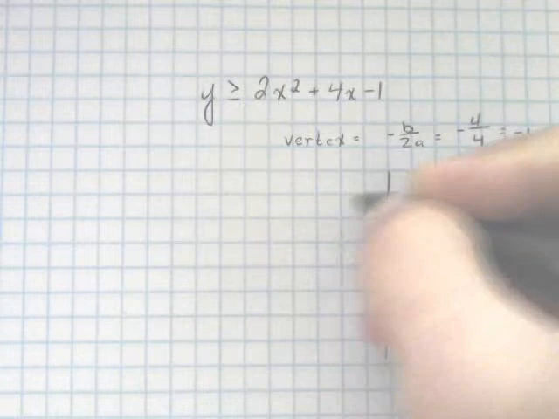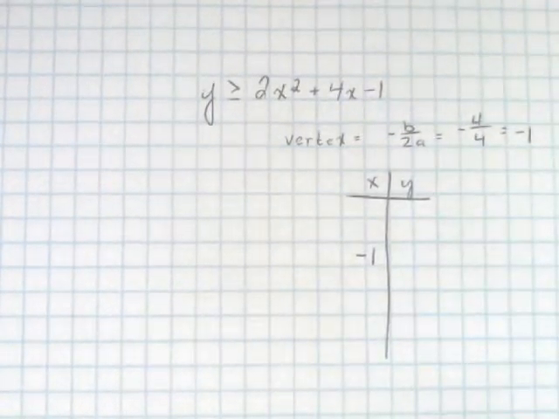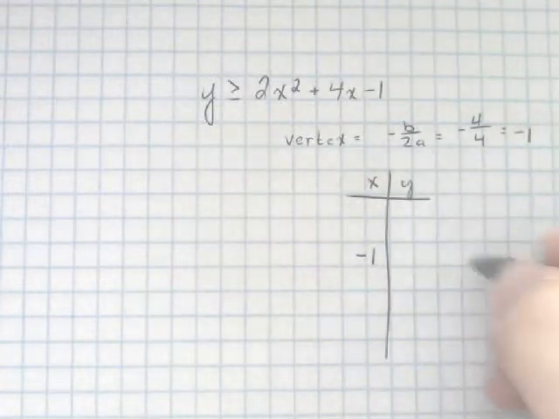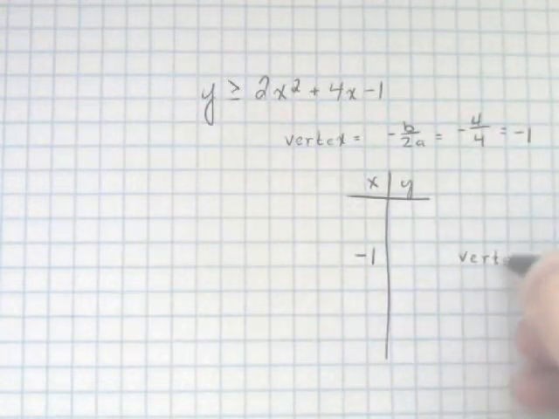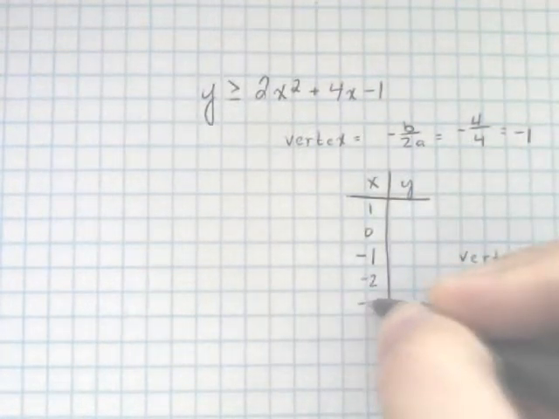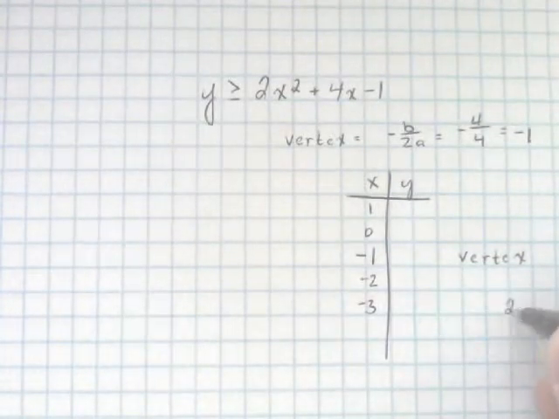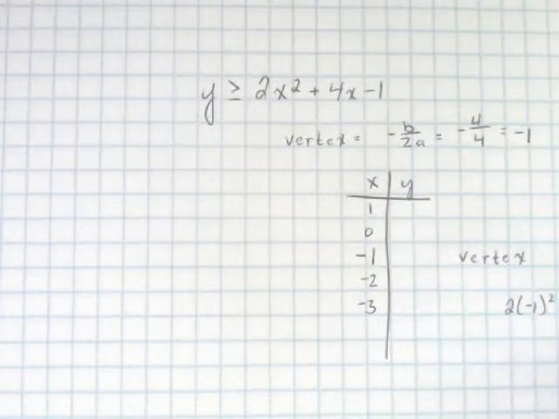And as we've graphed parabolas in the past, x, y, negative 1 is going to go in the center of my table, and I'm just going to pick some other points around negative 1. So, for example, 1, 0, negative 2, negative 3. To find the y's, I'm just going to take each x and plug it into my calculator, in for x, and see what I get.